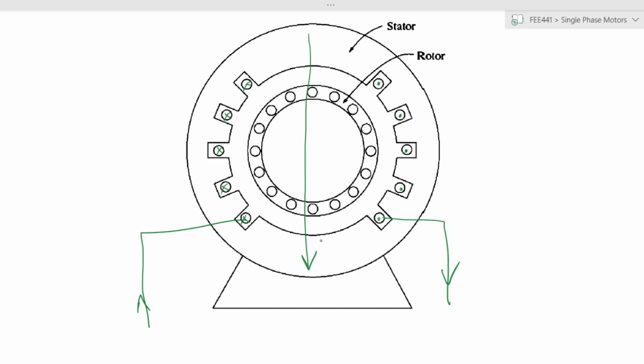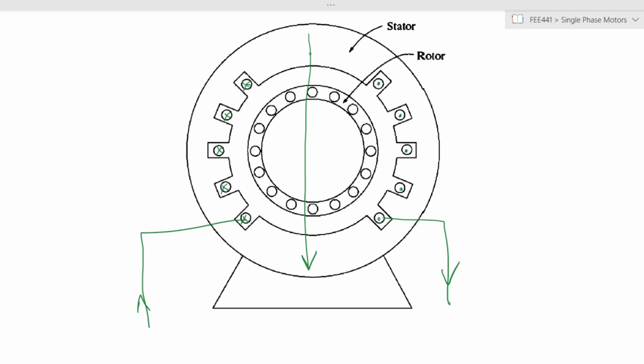All right. Now, what happens when you apply a single phase to a motor is that the only thing that will change is the polarities. Your only alternative would be that these currents are flowing either into a winding or out. They can only be in one of two directions or polarities.